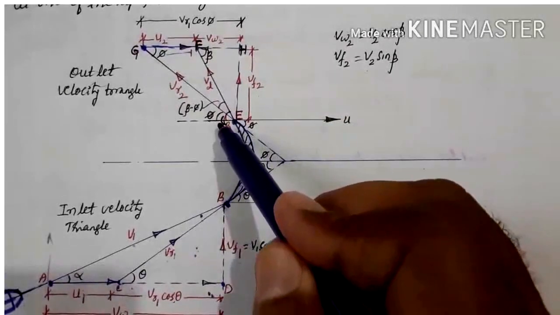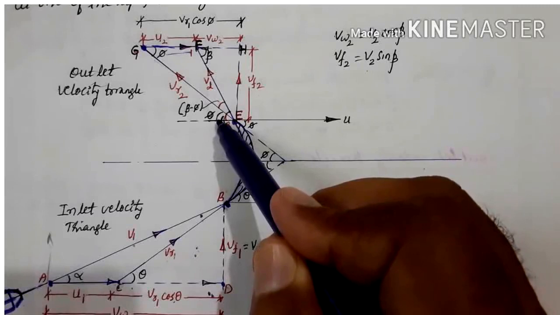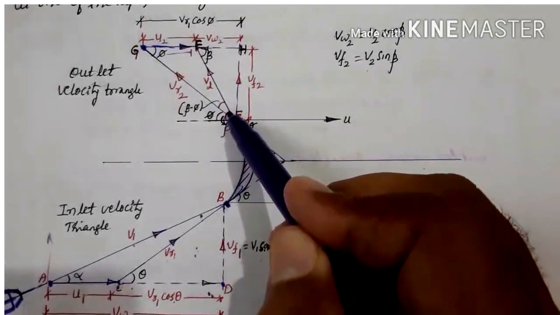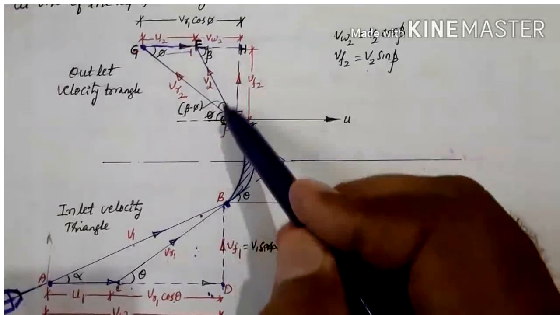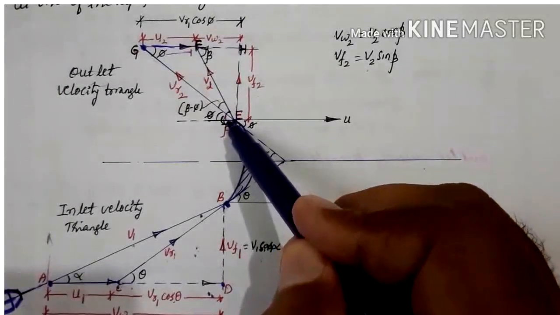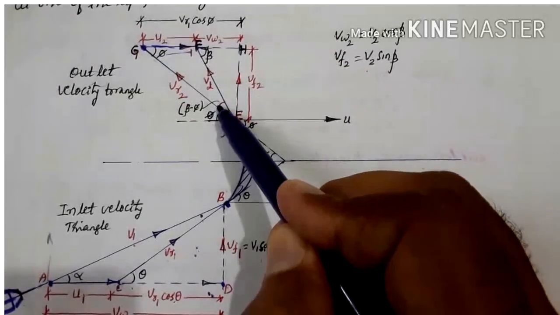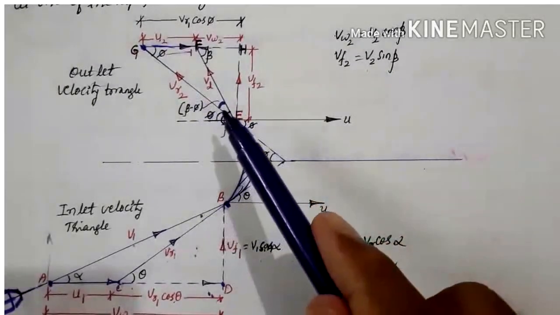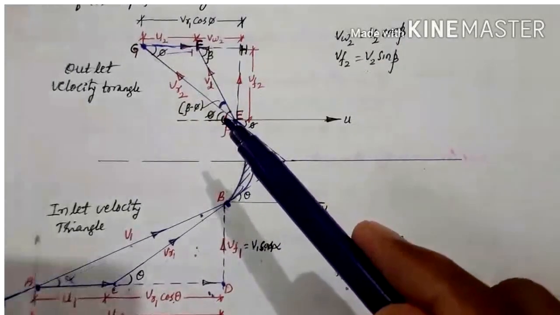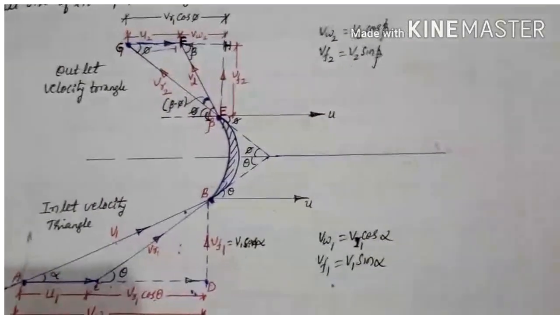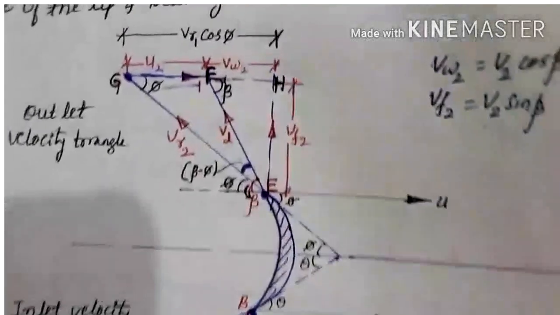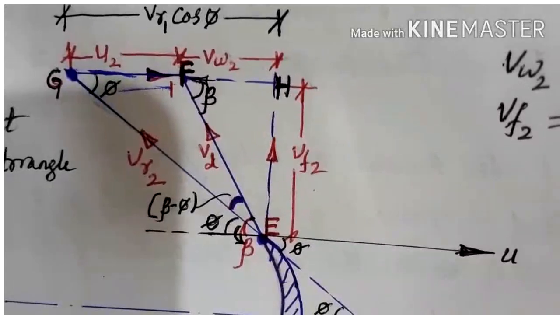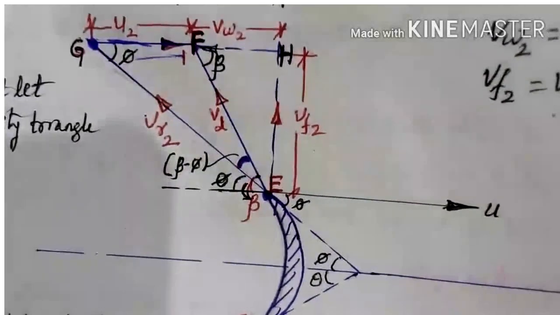Here phi is marked, that is the vane angle at outlet, and this is beta, and this opposite angle is also beta, and this angle we get is beta minus phi. So this triangle is very, very important. Just look at that figure.